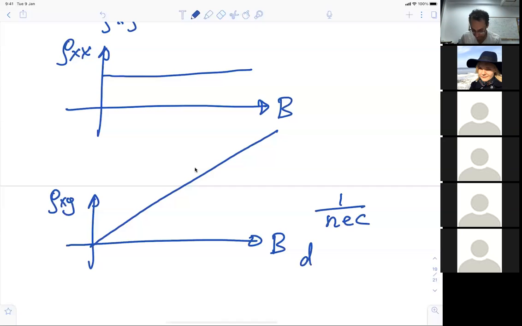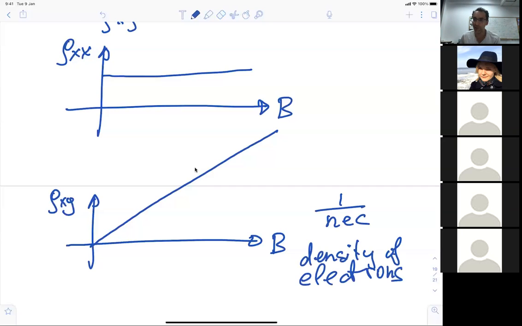So the density of carriers can be found experimentally from rho xy as a function of magnetic field, because this thing is independent of anything else. E is known, speed of light is known. You measure classic Hall resistivity, you extract carrier concentration.